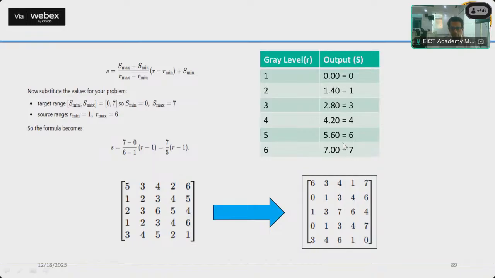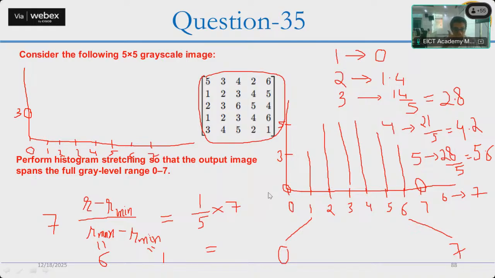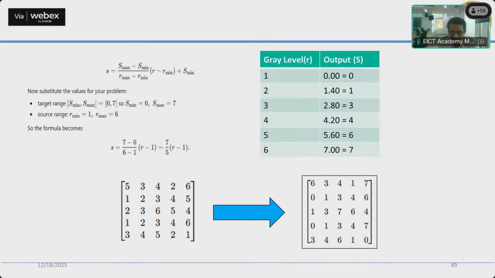We have this one. And thereafter, what will be the new image? Because finally, what we have to do? Finally, we have to make the new image. How will this new image look like? This 5 will be replaced by the 5. This 5 will be replaced by this 6.